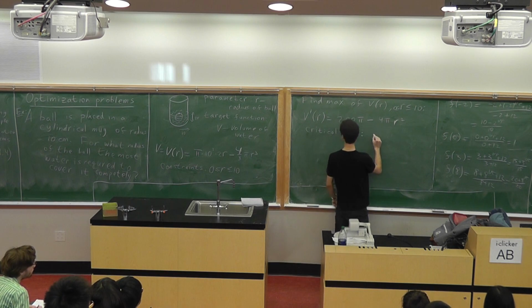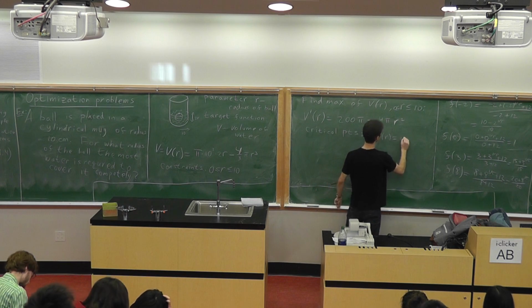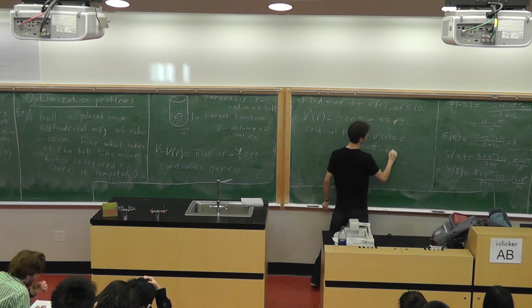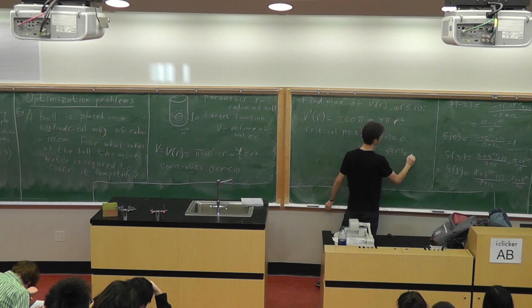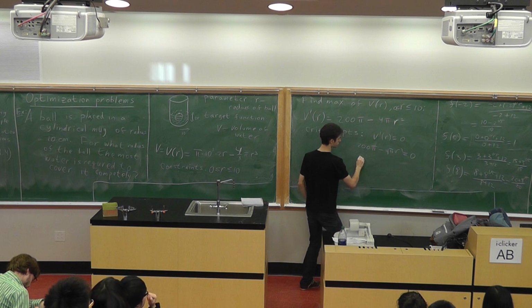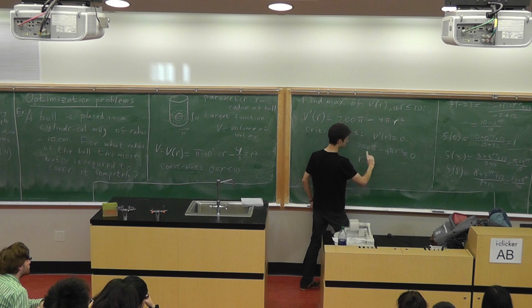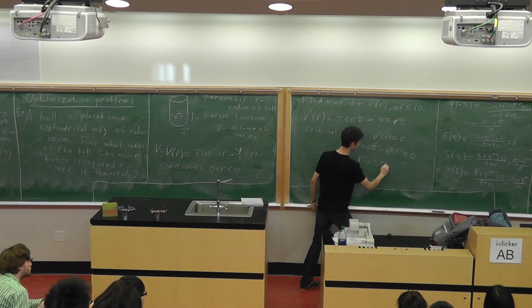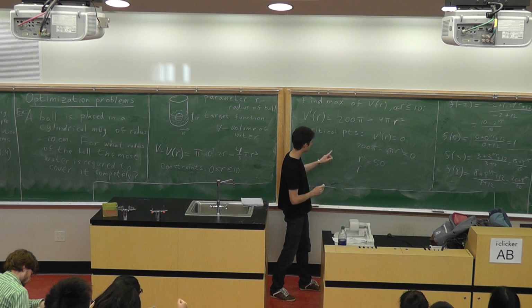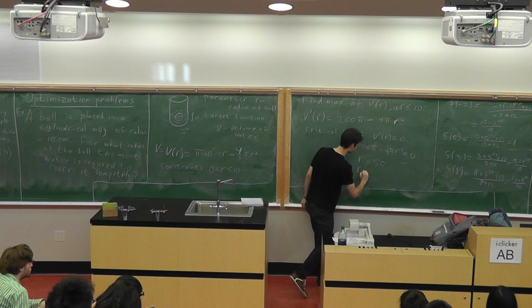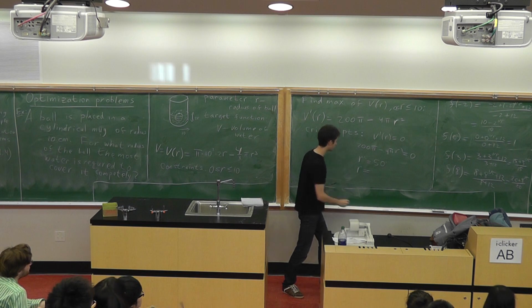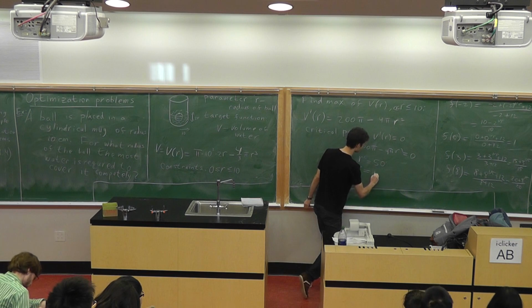So it's only V prime of R equal to 0, or 200 pi minus 4 pi R squared is 0. So R squared is 50. So 500, not 550. 50. So R is plus or minus square root of 50.